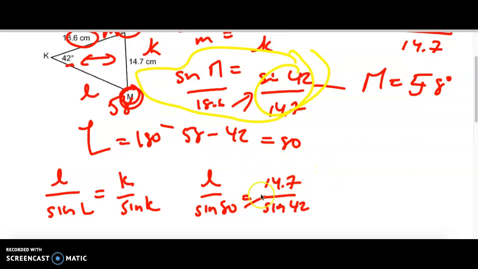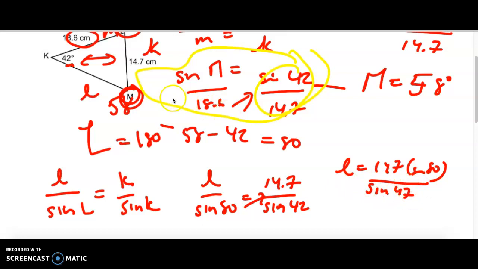And then again, you're just going to move the one guy and move it up here. So that's going to be L is 14.7 sine 80. So my writing's getting a little sloppy here. Over sine 42. So I just moved that up, and I'm going to throw this in a calculator. And again, because I'm not solving for sine, because I'm solving for L, which is a side, I don't hit second function.